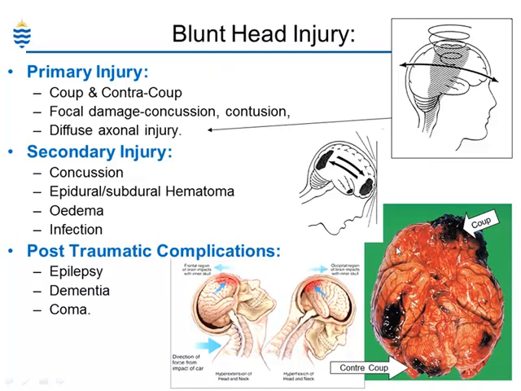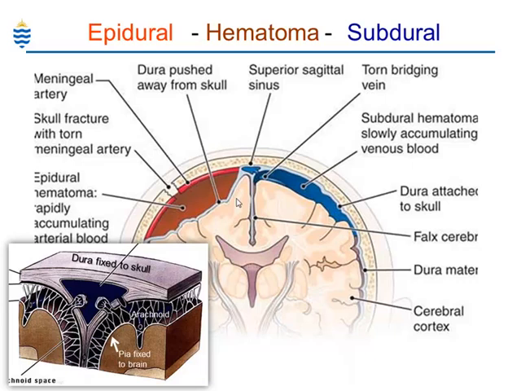Head injury, coup and contra coup injury, whiplash injuries, injuries causing subdural hemorrhage in later age, old age. Epidural hematoma, subdural hematoma. Dura is tightly attached to the bone, so epidural hematoma is always with a fracture.